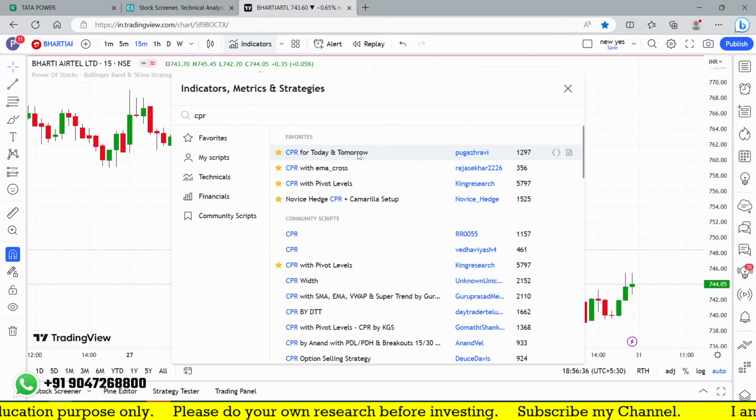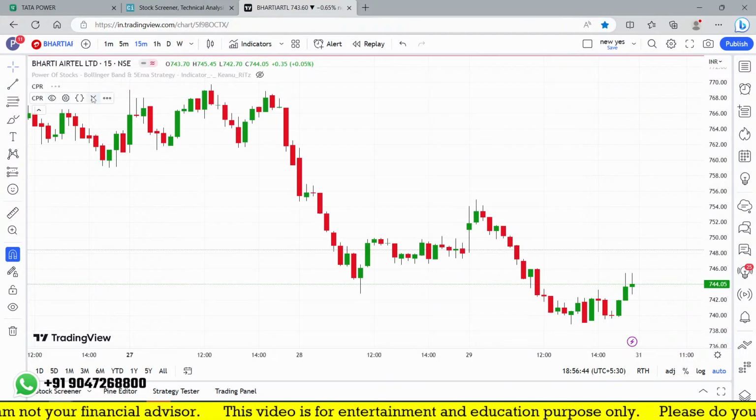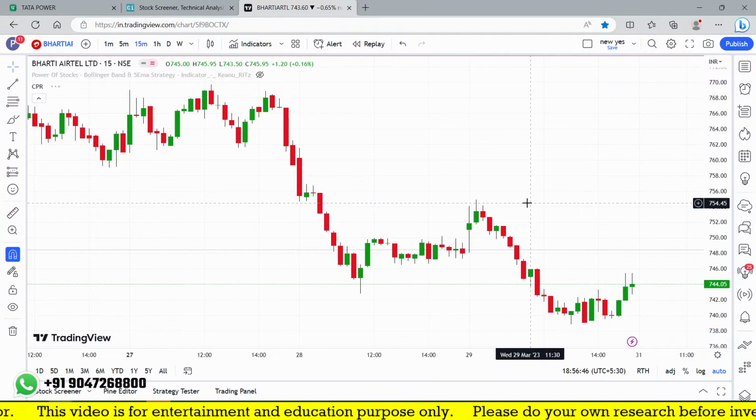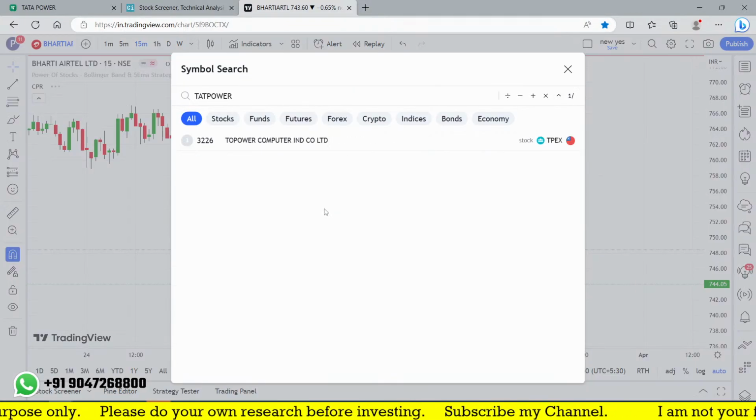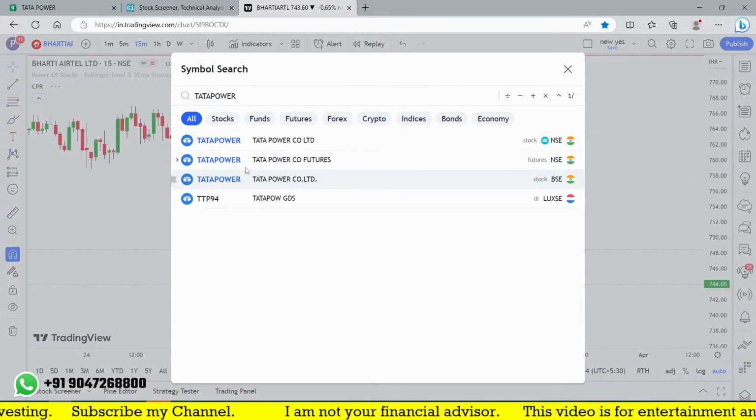We are going to find the CPR. We are going to calculate Tata Power tomorrow's level.